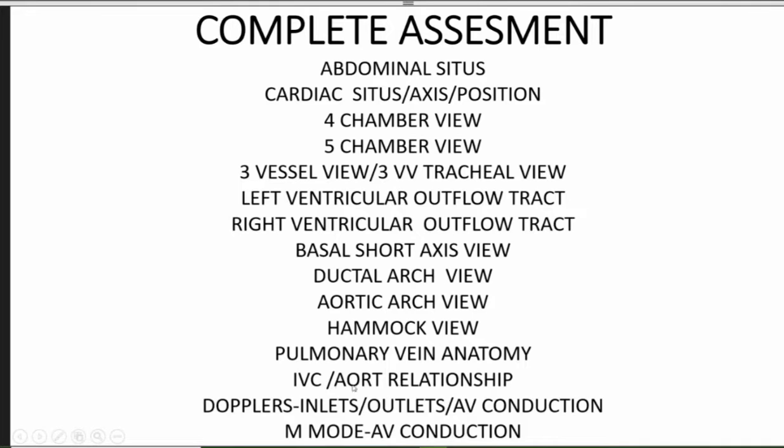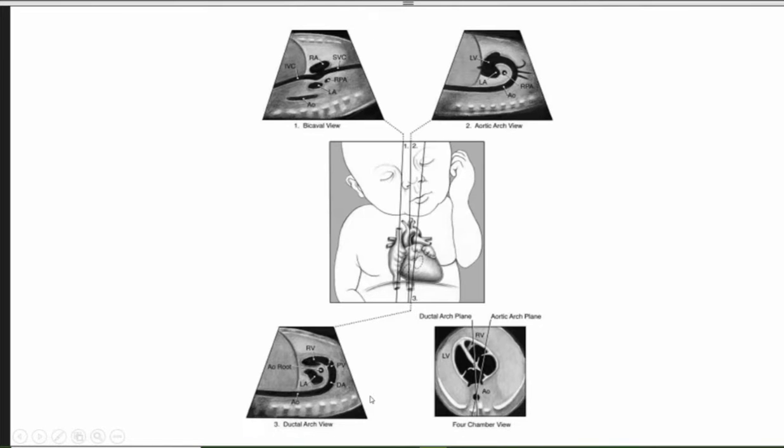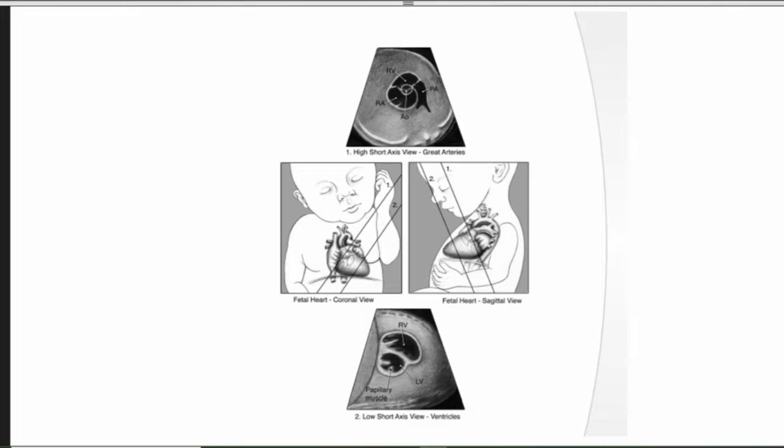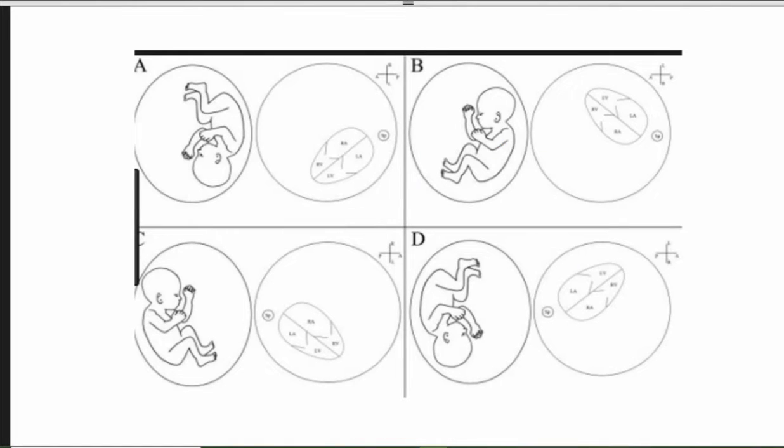Then we can show pulmonary vein anatomy view, IVC aorta relationship view, Dopplers, and M mode. So this will complete the structural and functional assessment of the heart. The same has been depicted by line diagrams on the internet, and you can look at multiple articles which demonstrate these views of the heart.